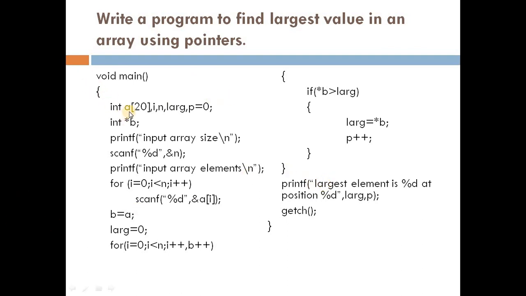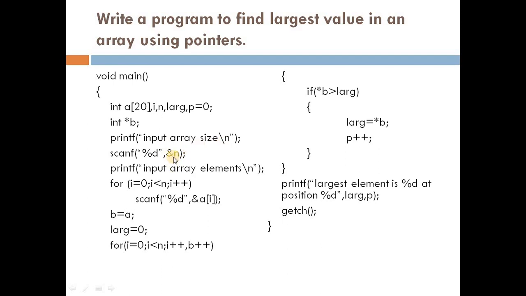Here again I have taken an array a of 20 of type integer. i is a loop counter. n is the size of the array. I have taken one temporary variable large and one more variable p is equal to 0. I have taken one more pointer variable.